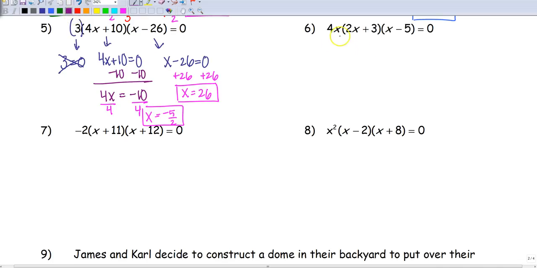All right, so between number 6 and number 7, one of these will have 3 solutions and one of them will only have 2. So take a second to try to identify which will have 3 solutions and which will have 2 solutions. This is the one that should have 3, and this is the one that should have 2, and that's because this first one here has 3 different places where x occurs. So you do need to set all 3 of these equal to 0.